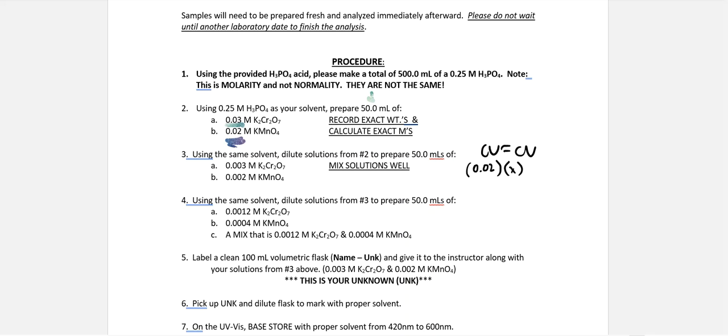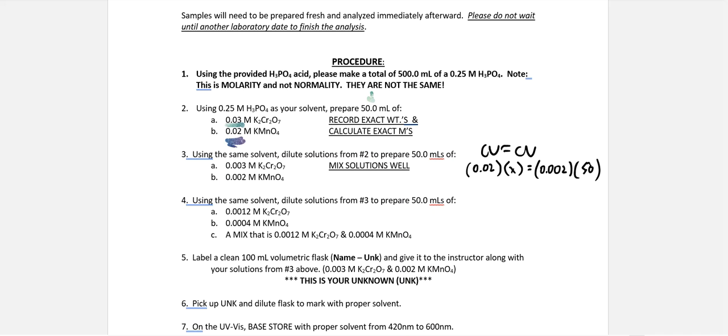I want to know how much volume should I be using of that strong concentration. I need to dilute down to a 0.002, and the directions say in this particular case, make 50 milliliters of that solution. So there is a straight up dilution calculation is what this is all about.